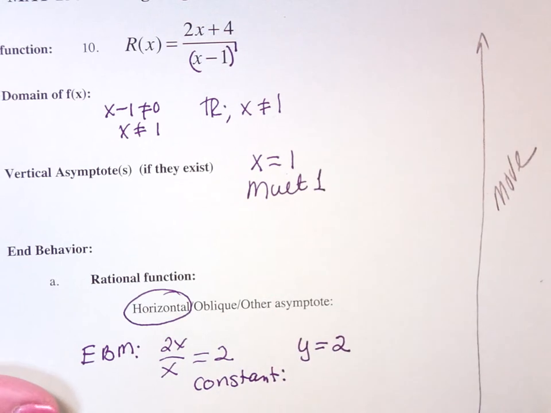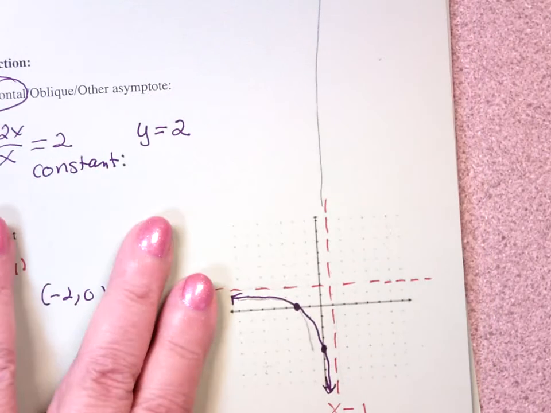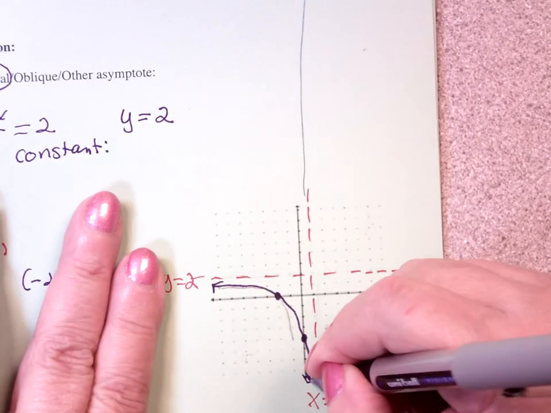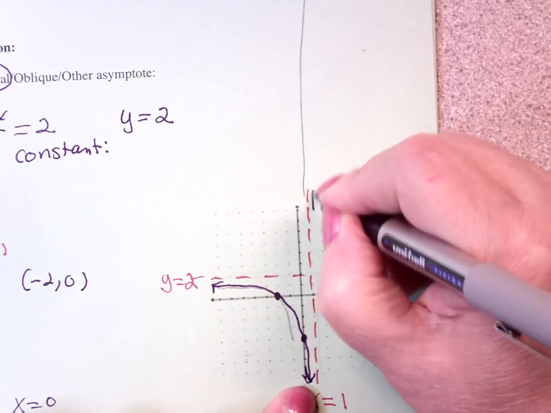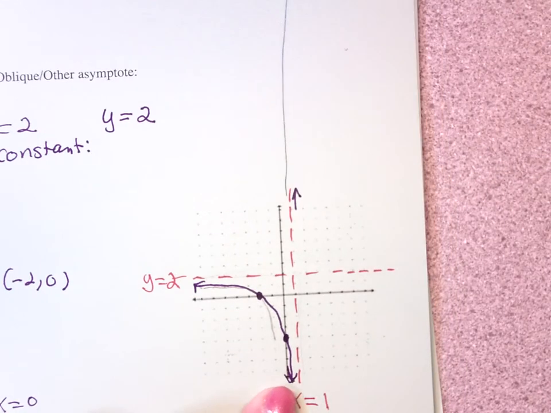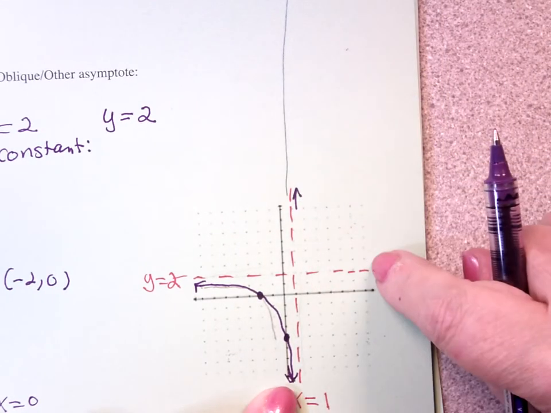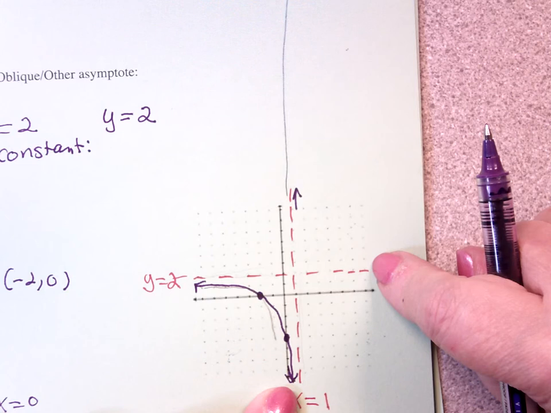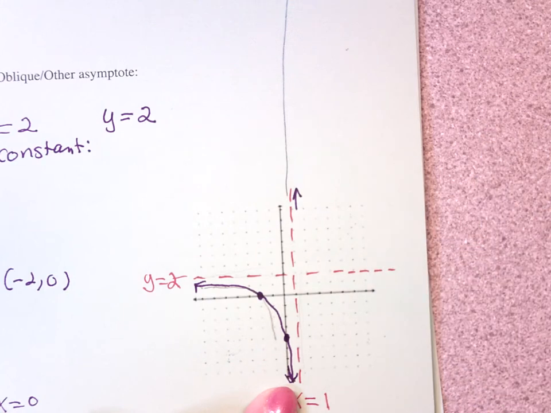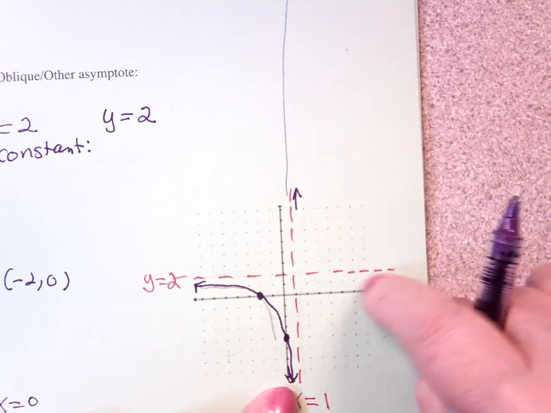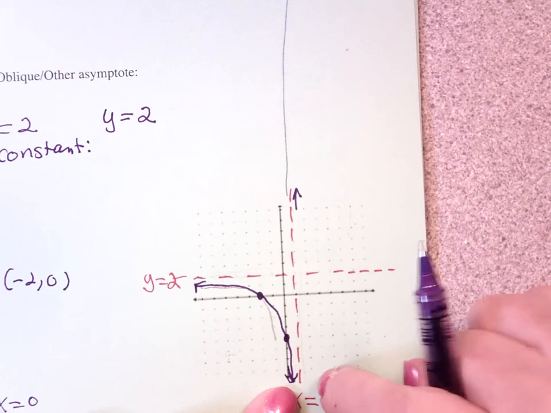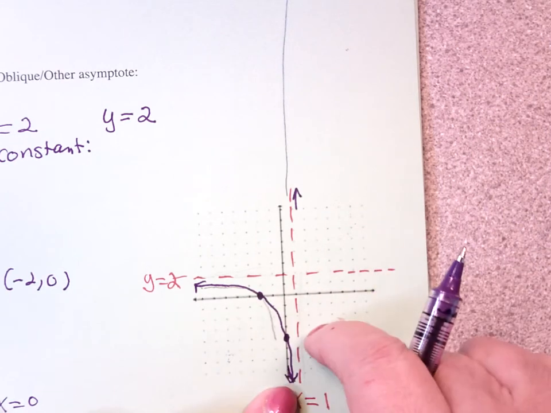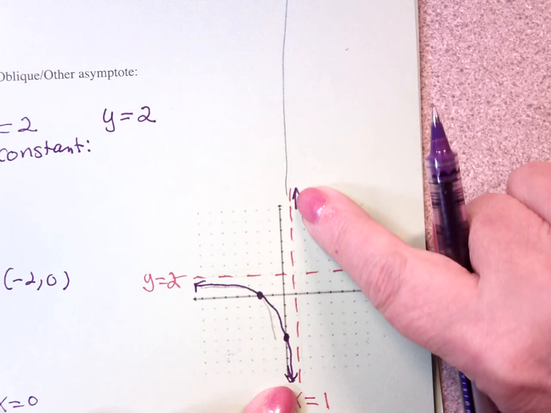That means odd. That means the arrows are in the opposite direction. So if the left-hand side goes down, the right-hand side goes up, and that tells you the other graph has to be here. If it were multiplicity even, then the two would be side by side. But multiplicity odd on the asymptote is going to put them in opposite directions.